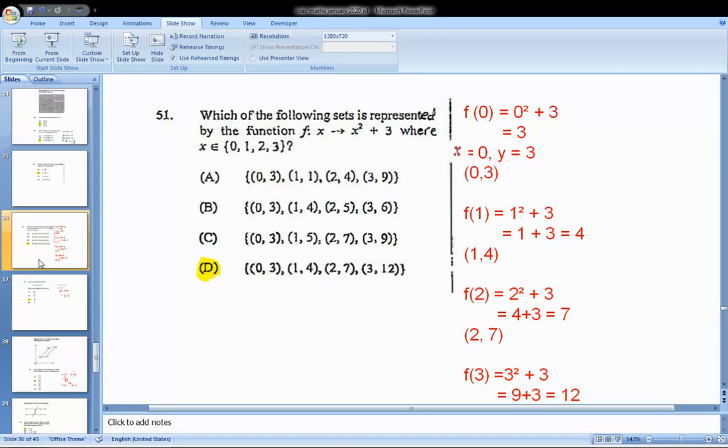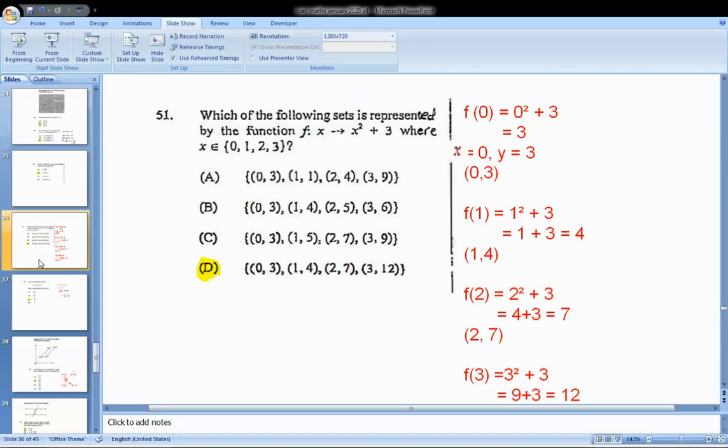The second one, f of 1 equals 1 squared plus 3. 1 squared is 1 plus 3, which gives us 4. So the next values are 1 and 4. Next is f of 2. f of 2 equals 2 squared plus 3, 2 squared is 4, 4 plus 3 is 7.